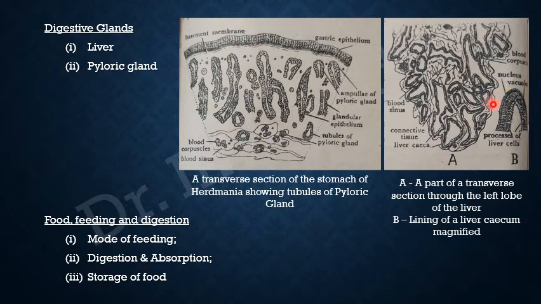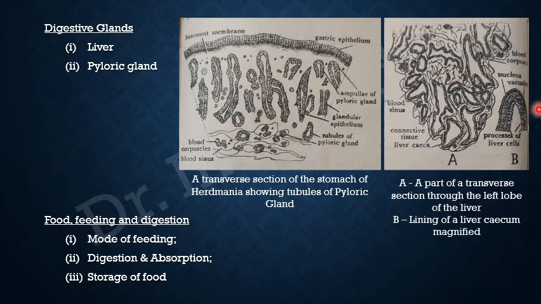Each cecum has a single layered wall of tall glandular cells. You can see these tall glandular cells, each containing a basal nucleus and several small vacuoles which are filled with dark yellow and refractive hepatic secretion.